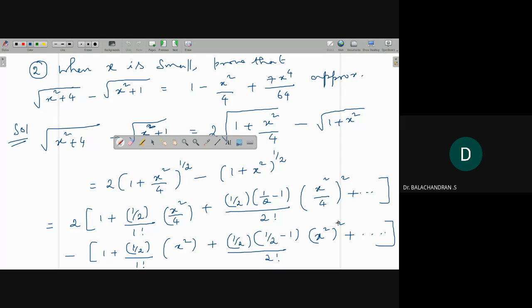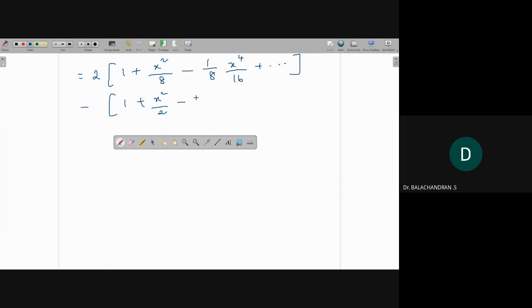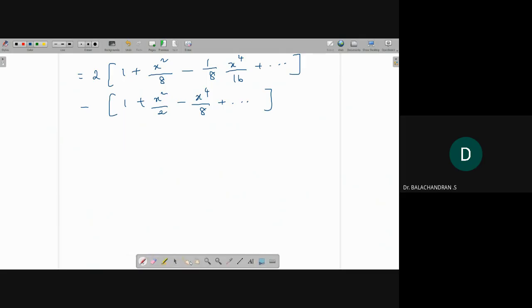This is x power 4, so minus x power 4 by 8 and plus and so on. So now, what I need.